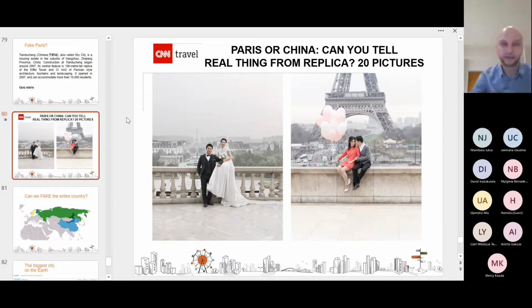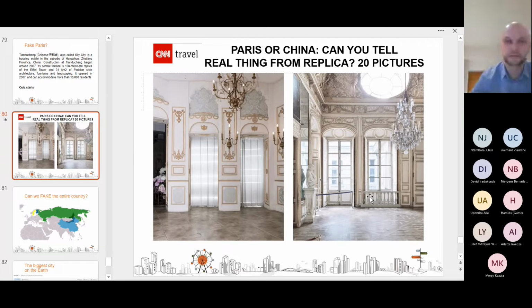So left or right, where is Paris? No answers. Okay. Let's proceed to the next picture. Where is Paris, what do you think?